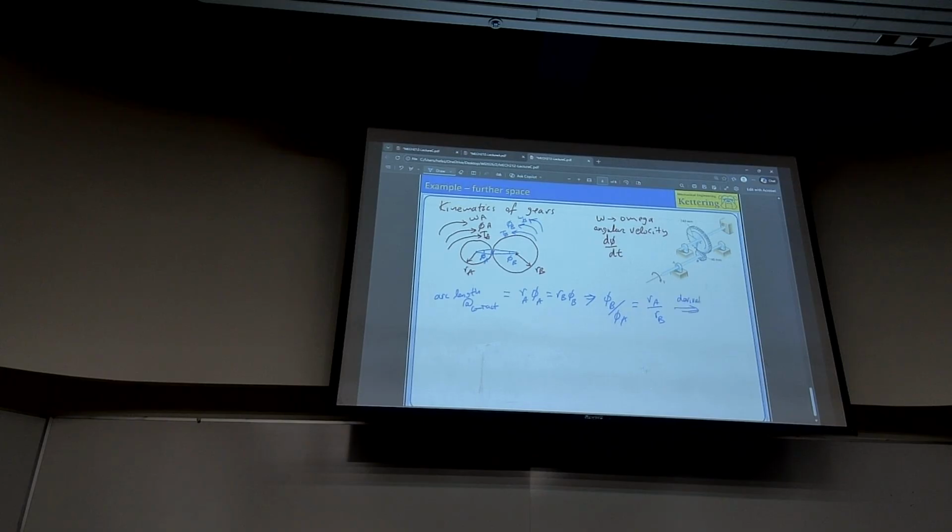Take the derivative. Therefore, this is the same as omega B over omega A. If you know how fast one of them goes, you know how fast the other one goes, given that you know the dimensions of the two gears.